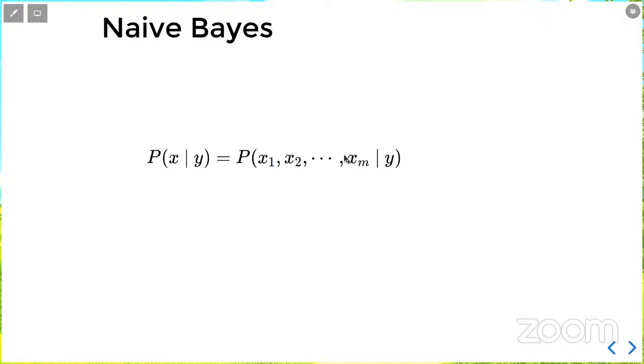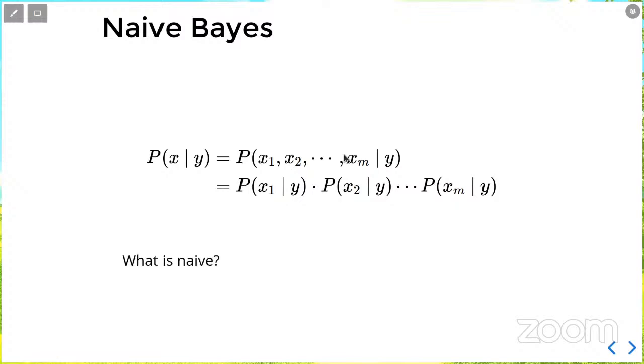So one crucial assumption that this technique makes is the features are conditionally independent given the label. Okay, so that is what we call as naive. Right? This is a very naive assumption because in practice, you can never expect your features to be independent given the label.